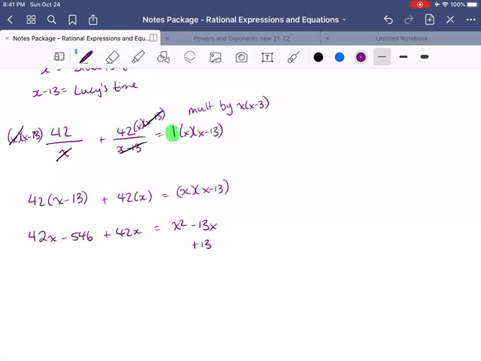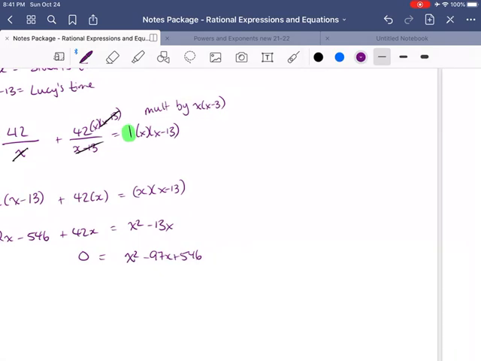And if we add the 13x and subtract x squared, we're going to get... no, I don't want the negative x squared. Let's bring everything over to the right side. So we end up with x squared minus 97x plus 546 is equal to 0.